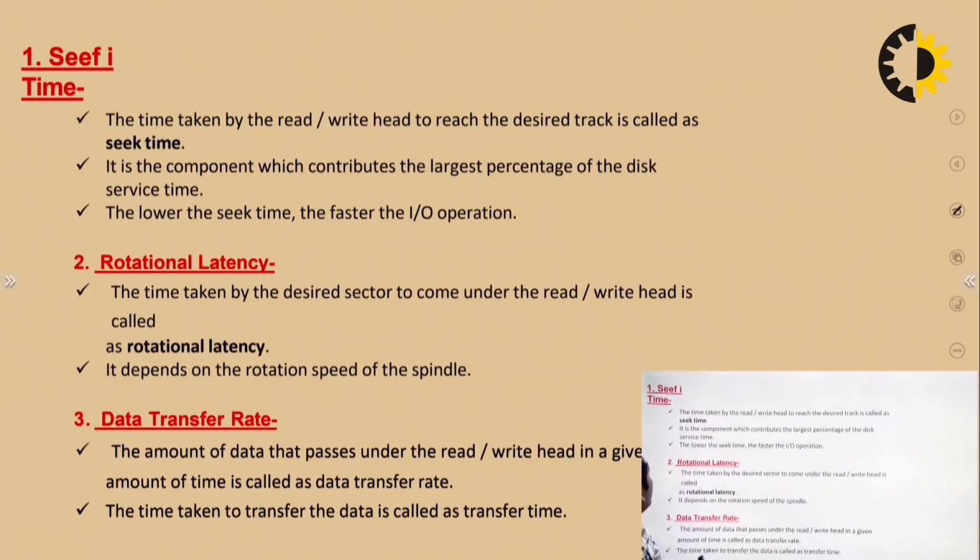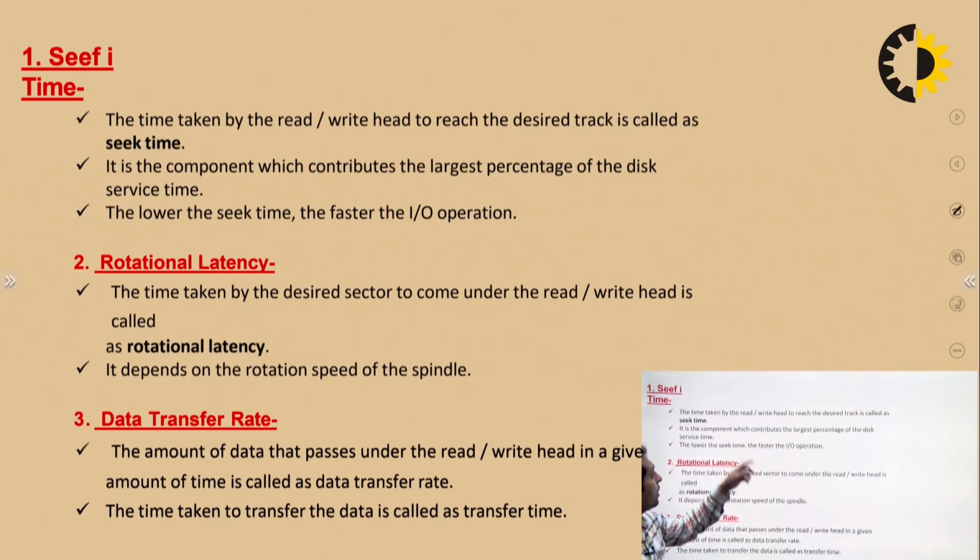The time taken by the read-write head to reach the desired track is called the seek time. Means the head is moving forward and backward and the disk is rotating, so to reach the head to the particular track is known as the seek time.